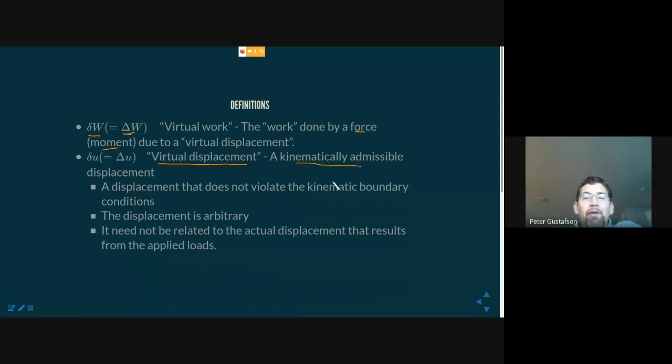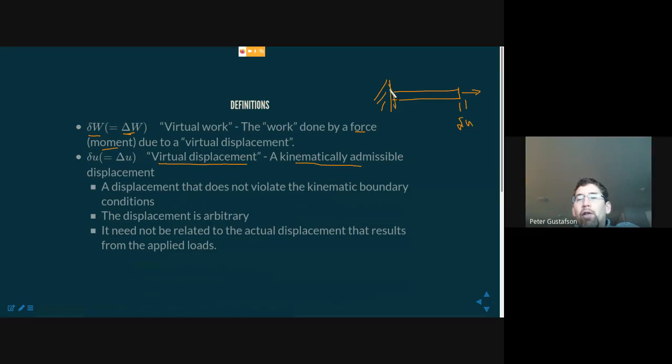So kinematically admissible means it doesn't violate kinematic boundary conditions. Getting back to Nicole's point earlier, if we had this axial load carrying member, we can imagine there being a small increment of displacement occurring at this end. It could move an amount delta U here.